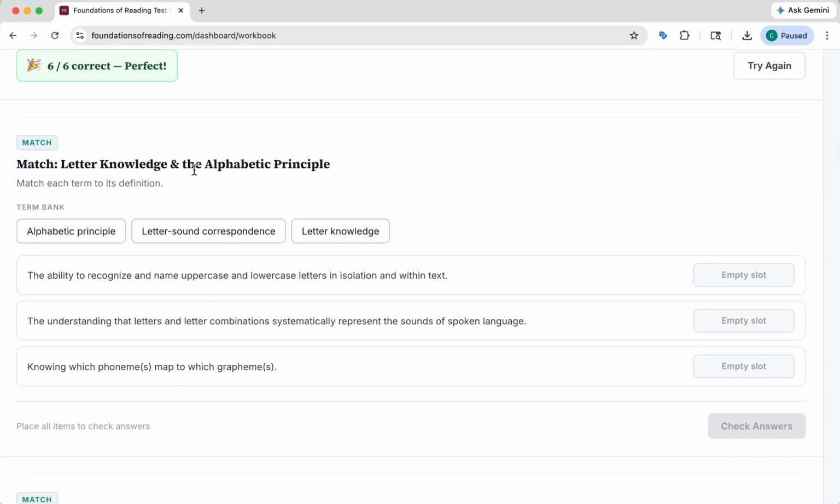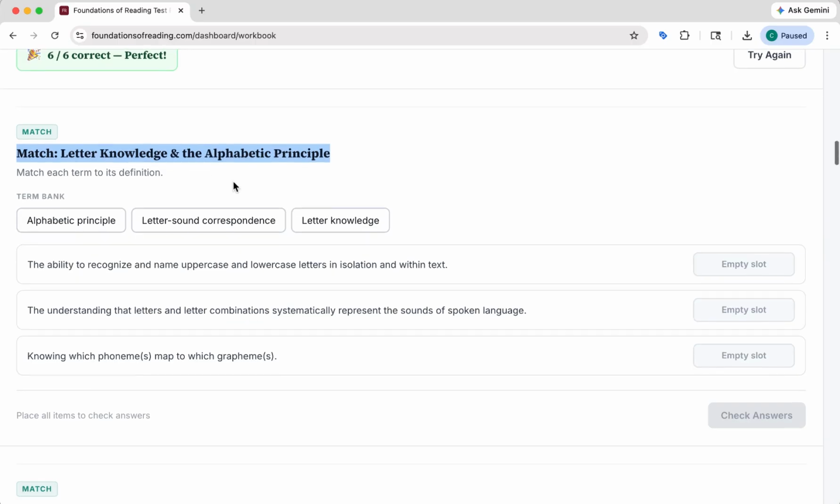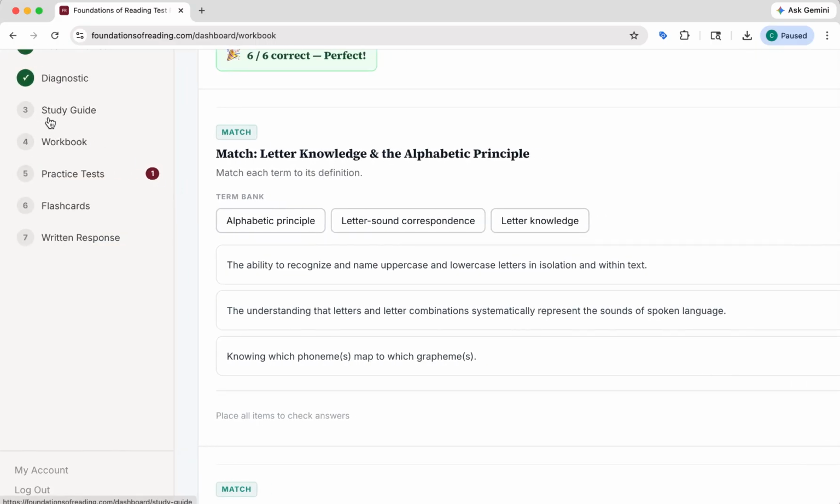Nice. Next up is all about matching letter knowledge and the alphabetic principle. And what we are asked to do is to match each term to its definition. Notice here how the study guide clearly, directly, and explicitly provides this information, but the workbook that we're working on right now is your chance to double check, use that little comprehension check to see that you remember this, because it's easy to actually just read a study guide and then think, yeah, I've got that.